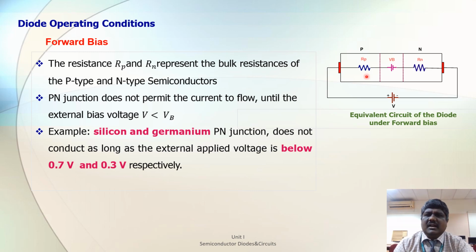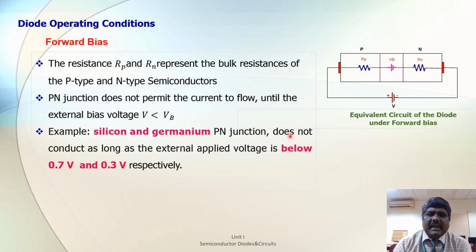We can assume that Rp is the P-type resistance and Rn is the N-type resistance, and in between we have the barrier potential. Whenever the applied voltage is greater than the barrier potential, conduction begins.